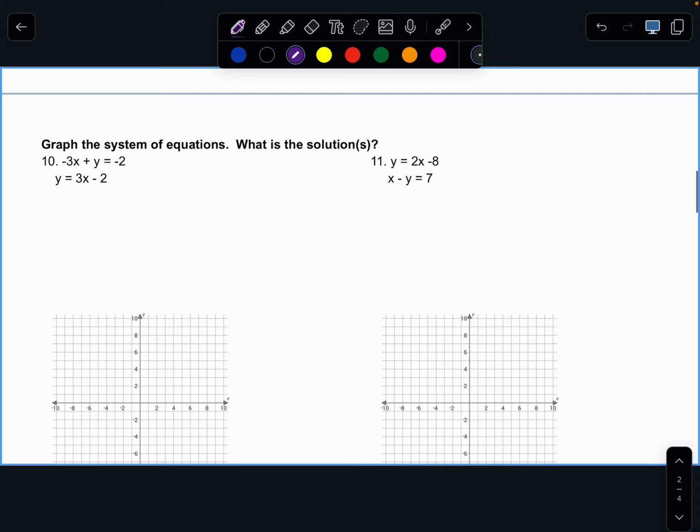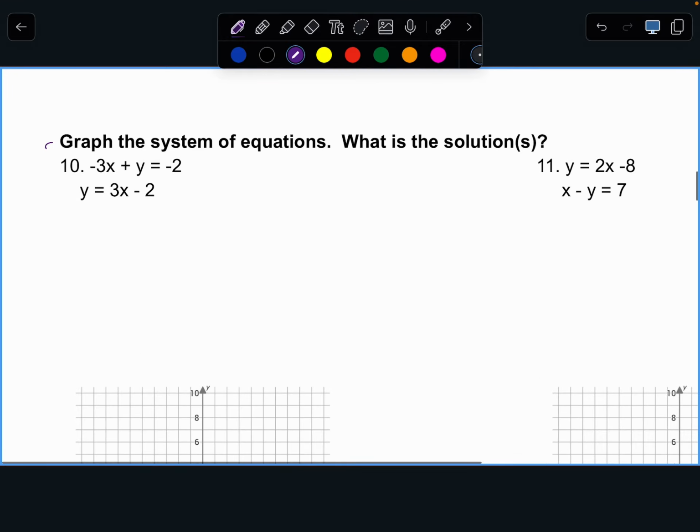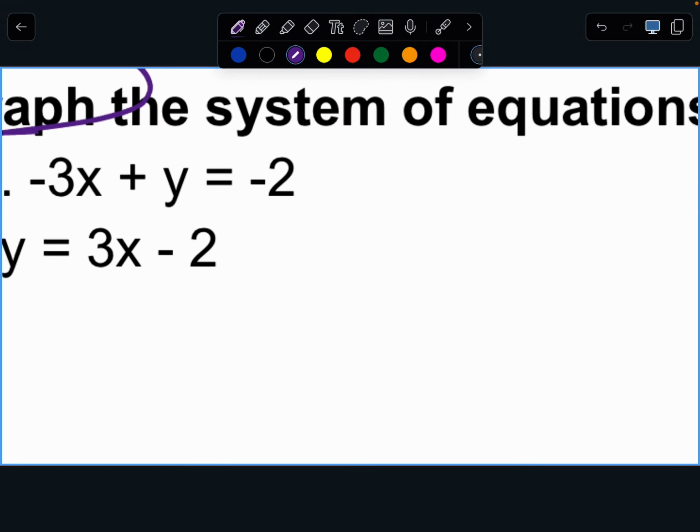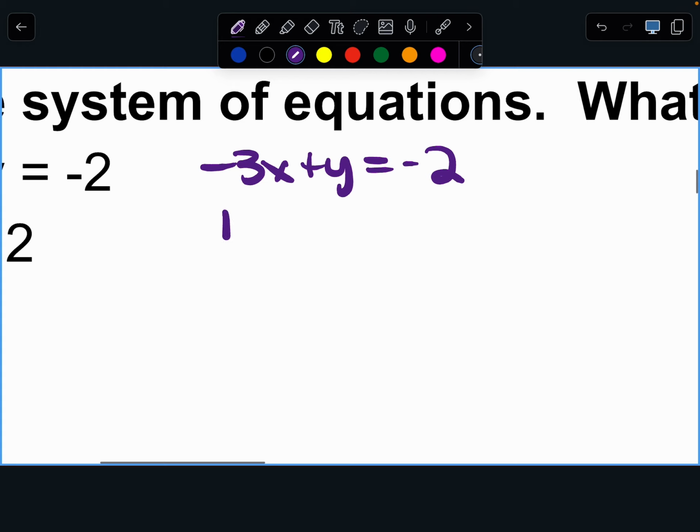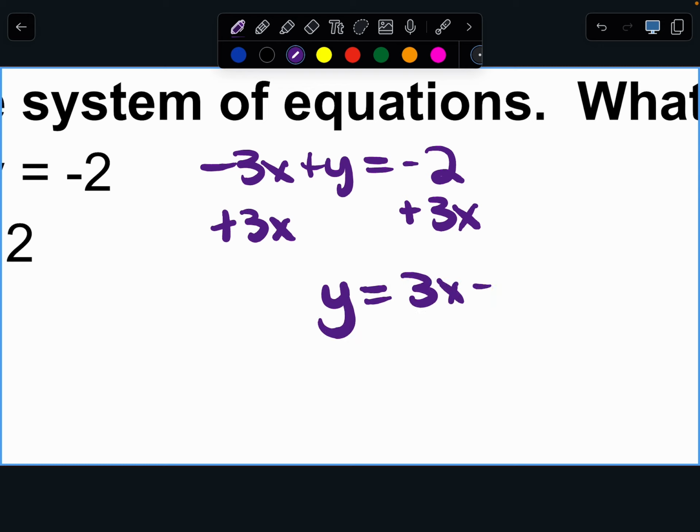Okay, down here, it says to graph. So I need to graph this. It says negative 3x plus y equals negative 2. I need to get the y by itself, so I add 3x to both sides of the equal sign. y equals 3x minus 2. My slope is 3, or 3 over 1.